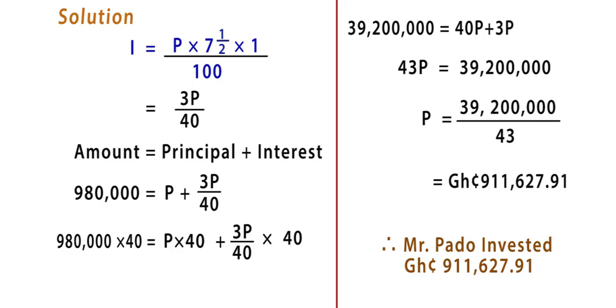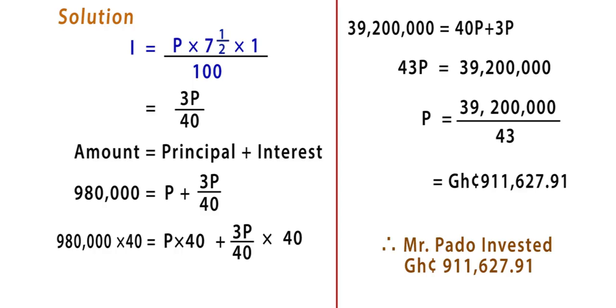We then have 43P equal to 39,200,000. We are looking for P, so we divide both sides by 43, which gives P equal to 39,200,000 divided by 43. If you simplify this, you will get 911,627 Ghana cedis, 91 pesewas.